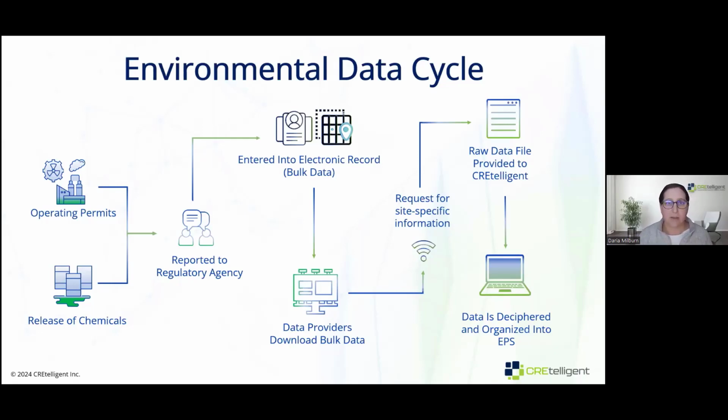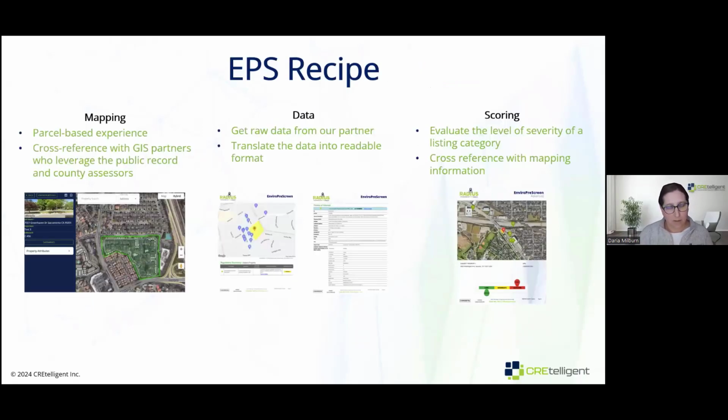So what the heck do I mean by that? Well, the general recipe for our EPS report includes 3 elements of mapping, data, and scoring. So what we're trying to do for you is provide a parcel-based experience because if you look in the case of this particular map, this is a very large area. And because we're searching out to 1/8 of a mile from the subject property, this is a multi-parcel area.